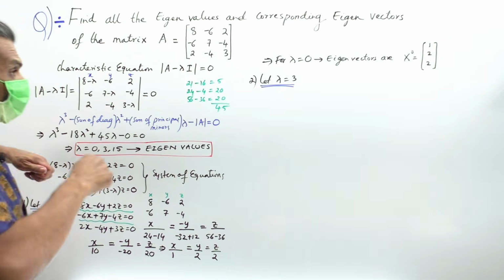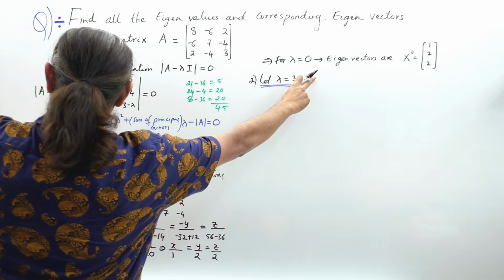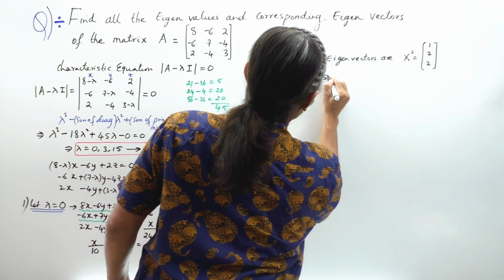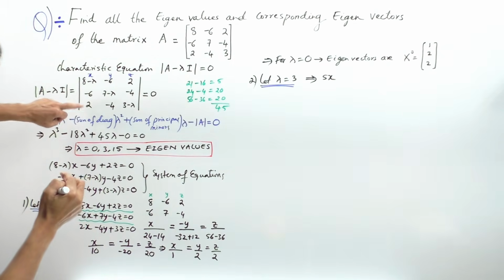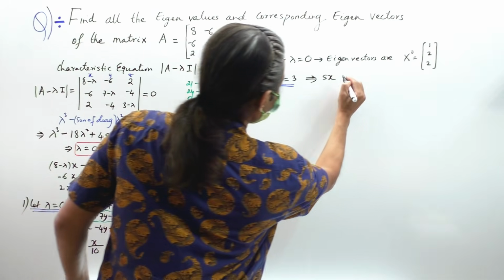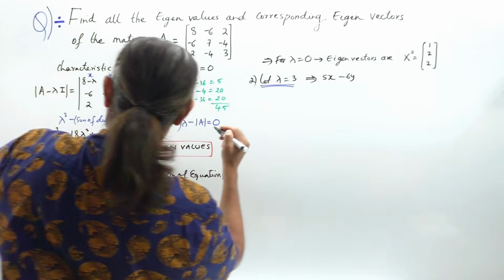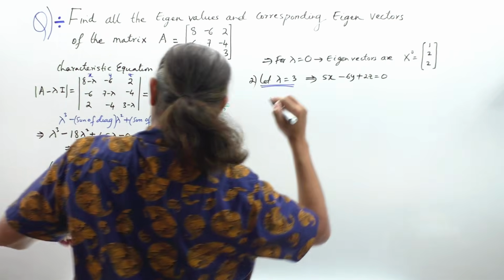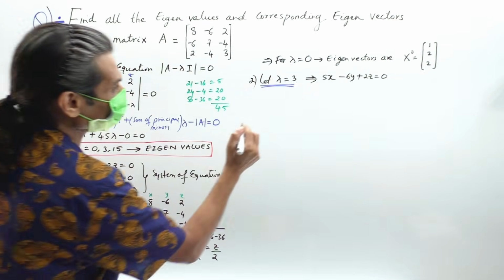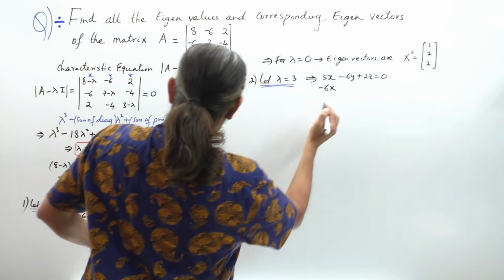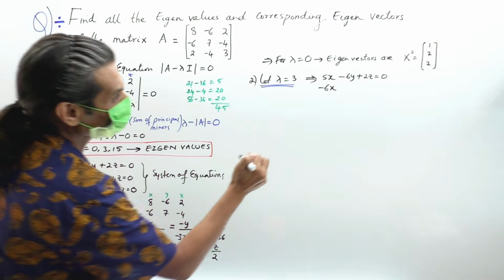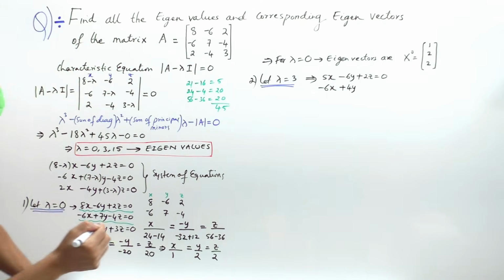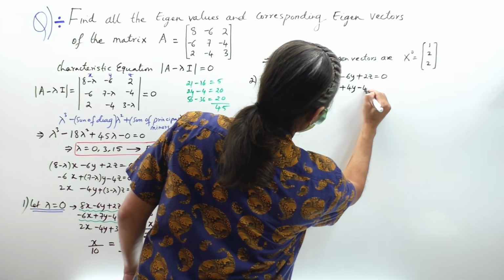So when I put lambda is equal to 3, 8 minus 3 is 5, so 5x minus 6y plus 2z is equal to 0. Then minus 6x, 7 minus 3 is 4, plus 4y and minus 4z is equal to 0.